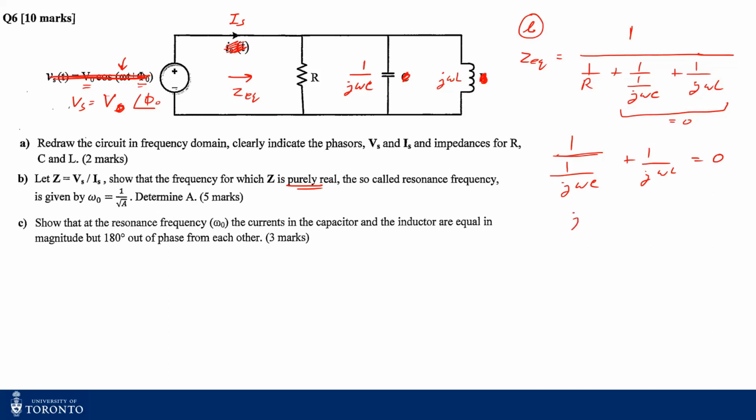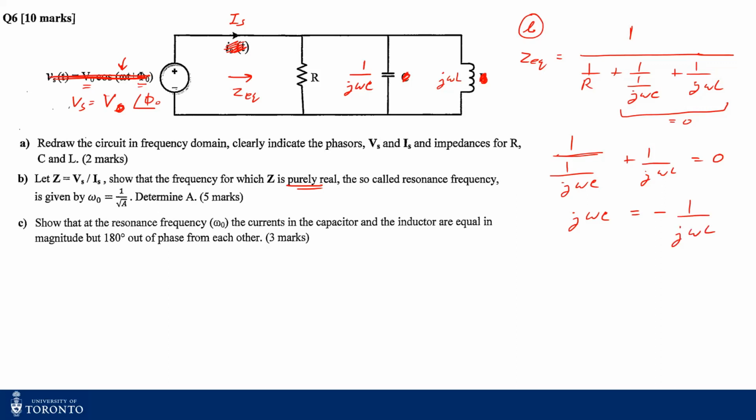Therefore, j omega C has to be equal to basically minus 1 by j omega L.